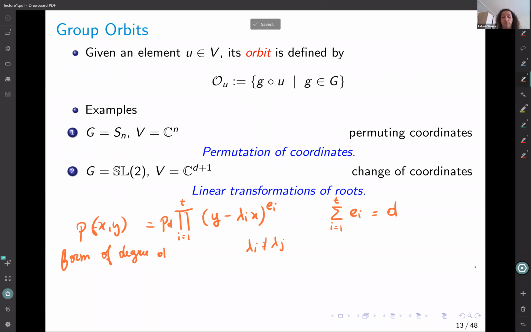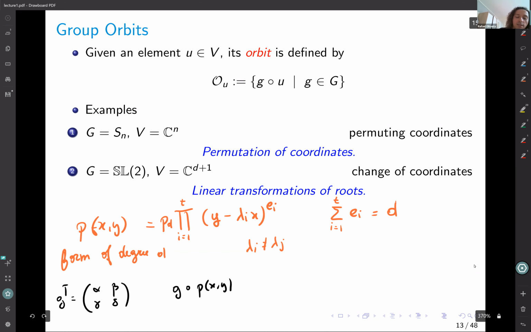Now, if we write the polynomial this way, what happens when we have the transformation alpha, beta, gamma, delta, if this is G transpose? What happens when G acts on P(x,y)?